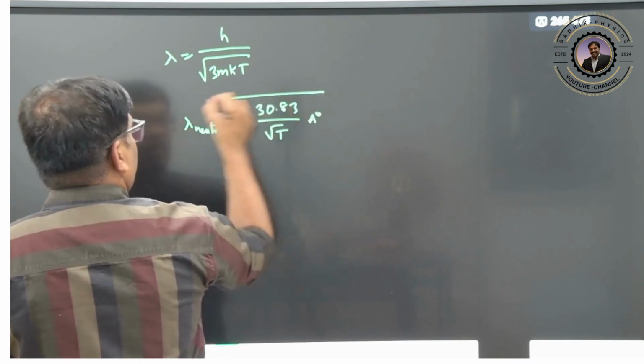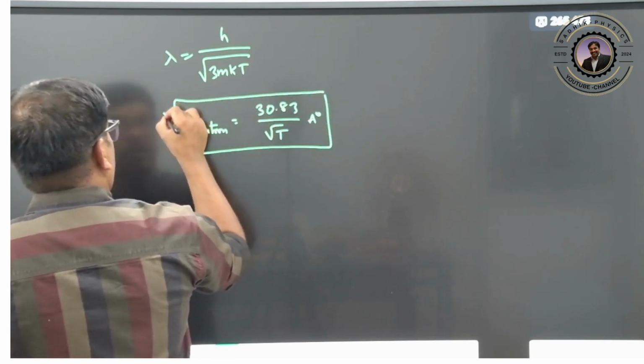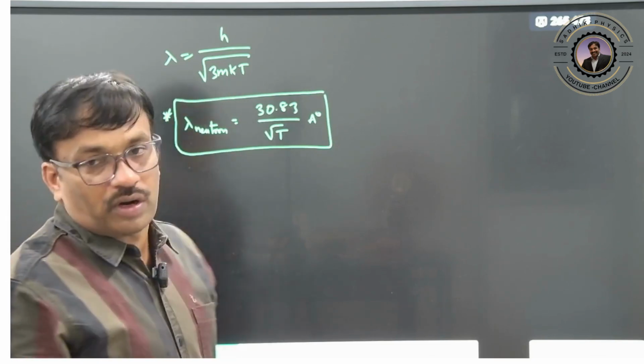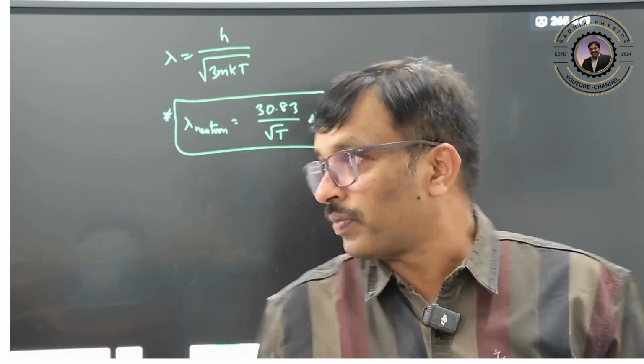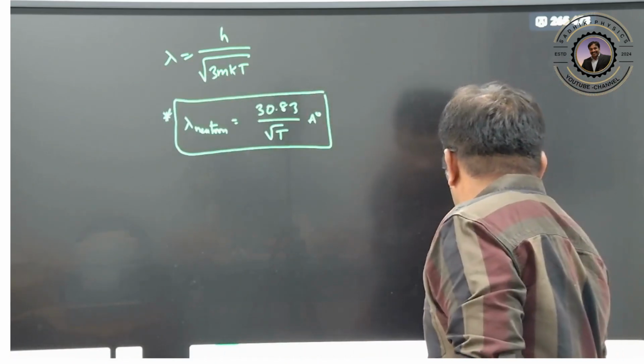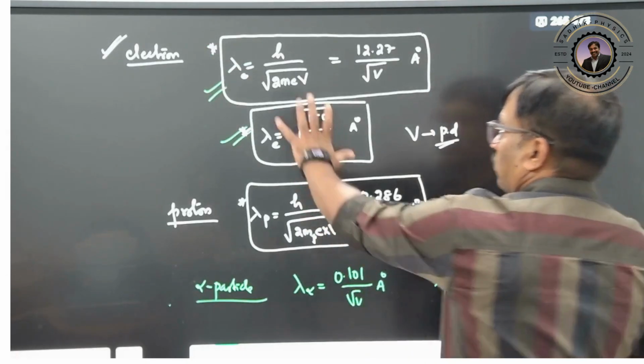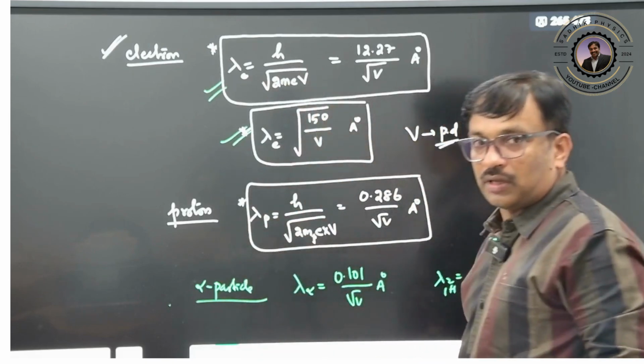This T should compulsorily be in Kelvin. Clear? So this is for a neutron. Understand? This is for electron, proton, right? This is most important. You may expect questions on this. Clear?